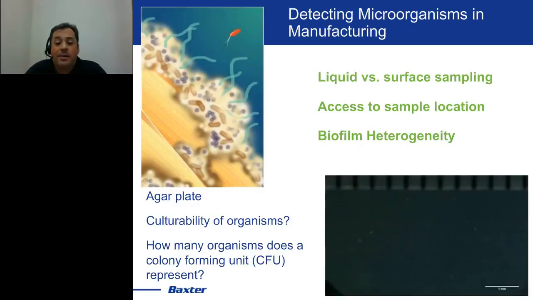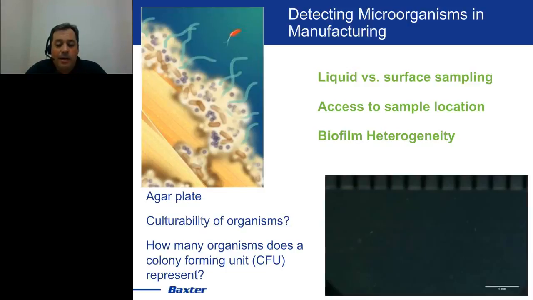Once we have that sample, then we've got to take it to some type of analysis. Typically, that's an agar plate, although there are some manufacturers, some vendors out there that are coming up with very interesting new ways to detect microorganisms. But sticking with our old standby, the agar plate, how culturable are those microorganisms on the selection of agar? So there's always a question there about, are we being able to detect them due to the choices that we make there?